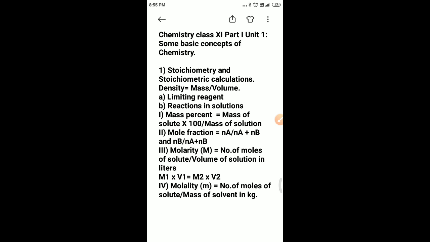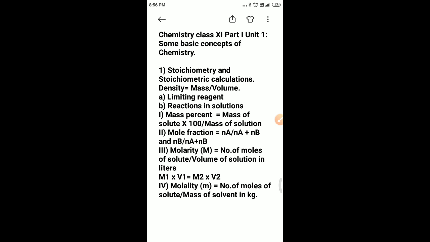A solution is prepared by adding 2 gram of a substance A to 18 gram of water. 2 gram of substance A we added to 18 gram of water, and now we have to calculate the mass percent of the solute.